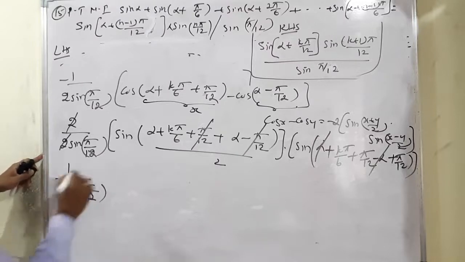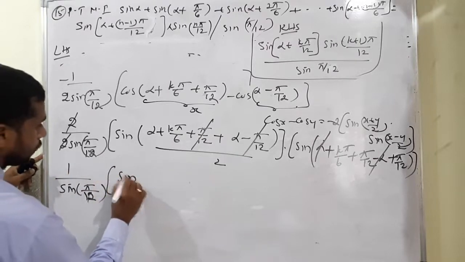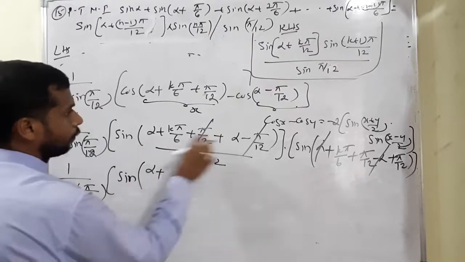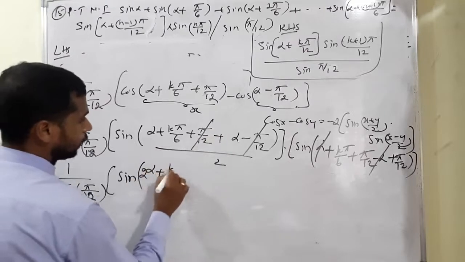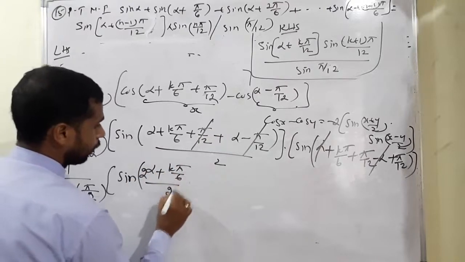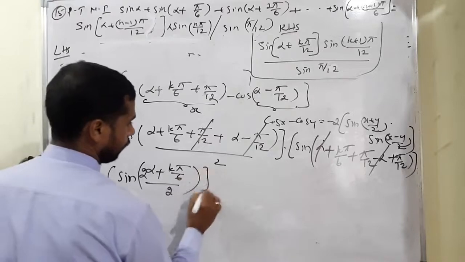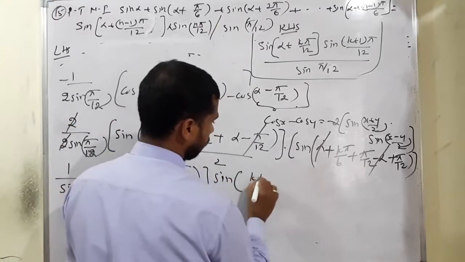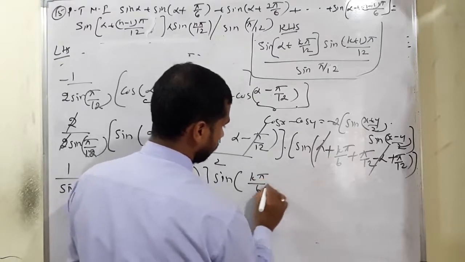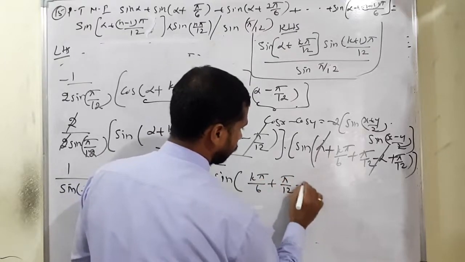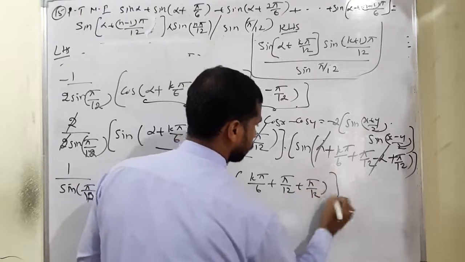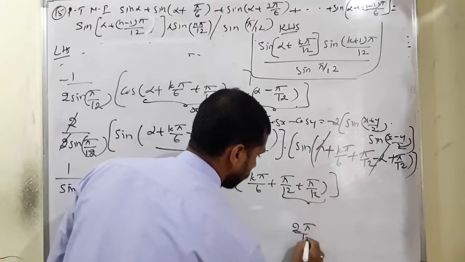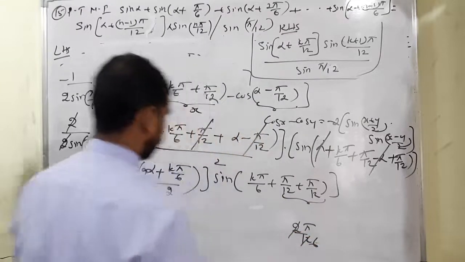sin of pi by 12, then inside sin of alpha plus alpha, two alpha plus k pi by 6, the whole term divided by 2, then into sin of k pi by 6 plus pi by 12 plus pi by 12. This is pi by 12, pi by 12 means we can say 2 pi by 12. Therefore 2 and 12 cancel means 6 times.